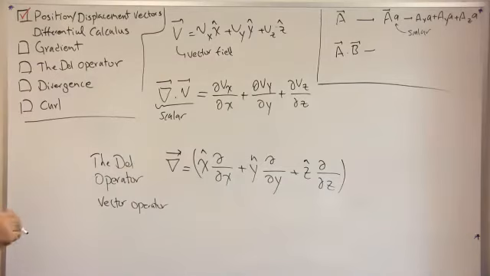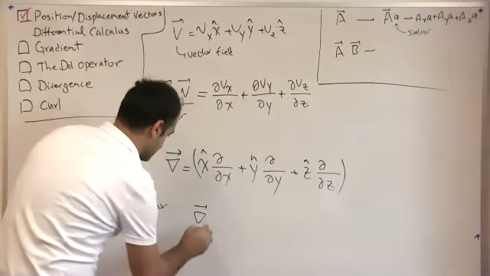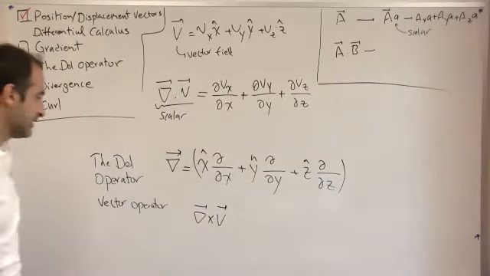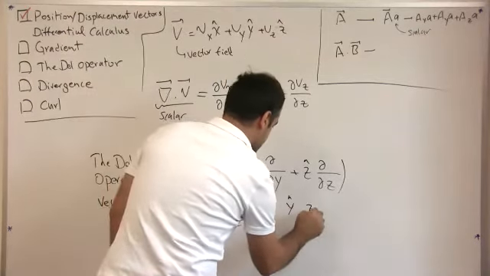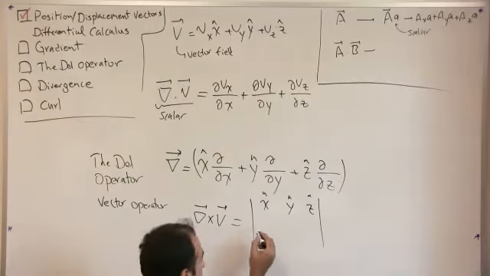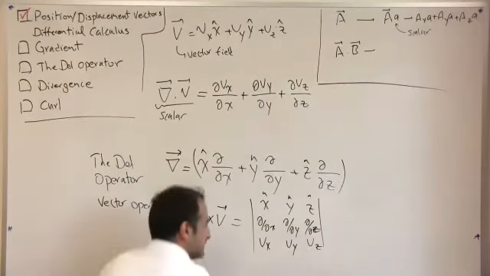Okay, this is one way. And another way of using the del operator is acting using the cross product. So del cross v, and for this one, we need to use the determinant: x hat, y hat, z hat, and the first line becomes the partial derivatives, d over dx, d over dy, d over dz, and then we have vx, vy, vz.